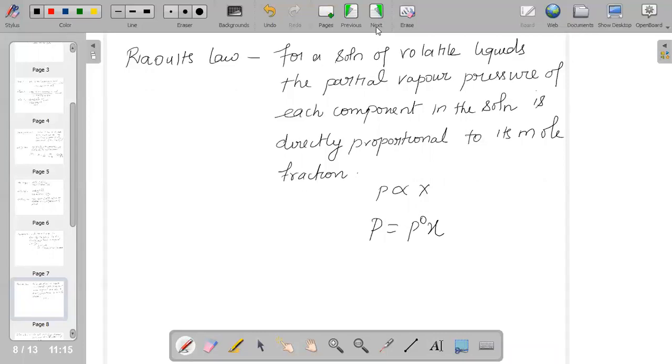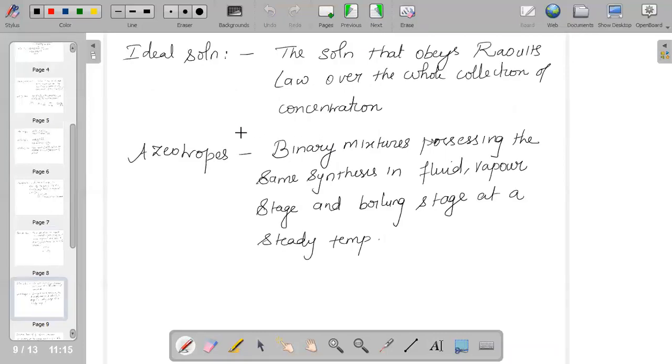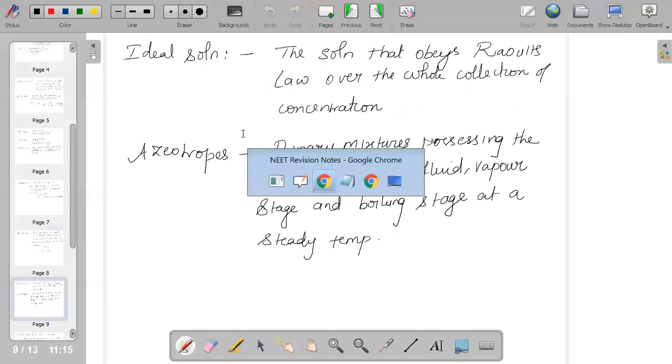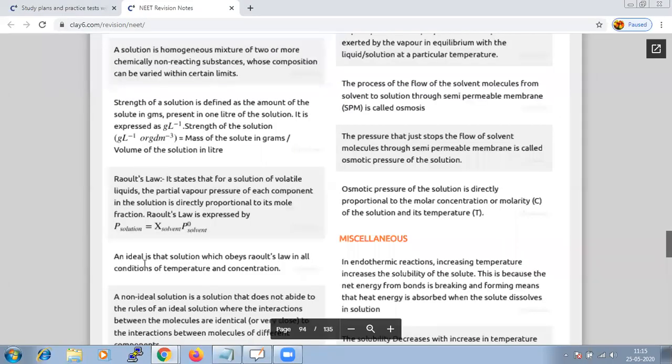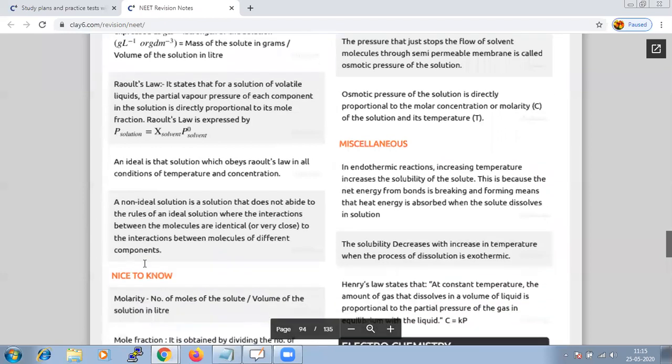So based on the concept of Raoult's law, we have two categories of solution, that is ideal and non-ideal. An ideal solution is one which will obey Raoult's law in all conditions of temperature and concentration.